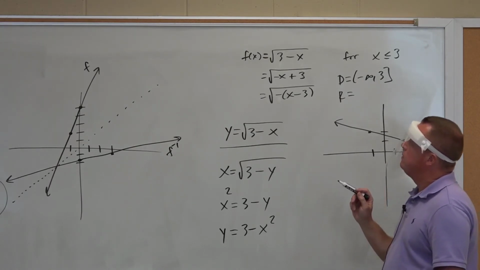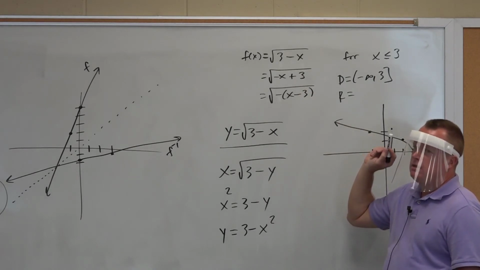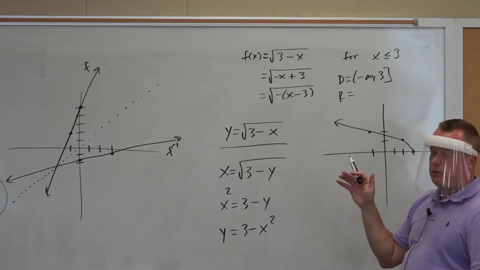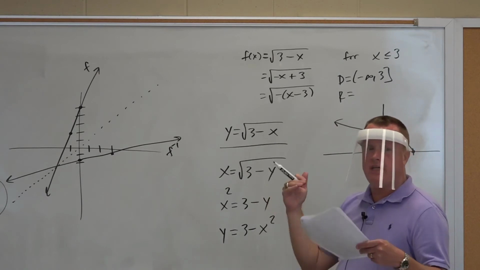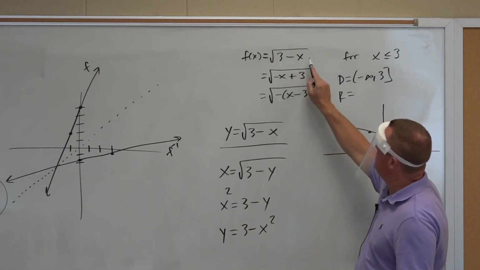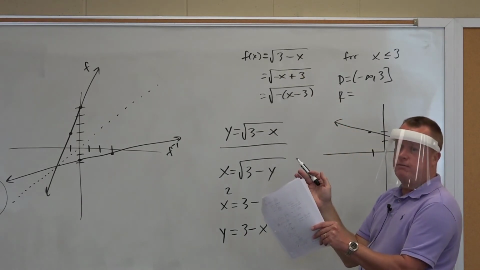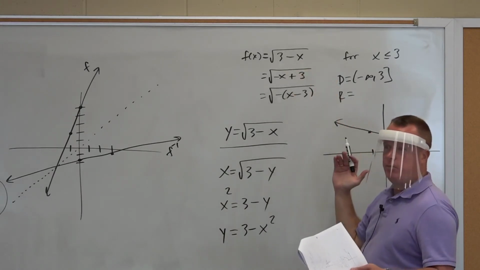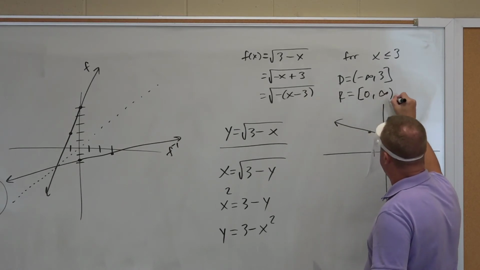Okay. Can a square root equal a negative? What does a square root normally equal? It actually can be either one, but we think of the square root function as always being positive, right? So really the smallest that this can be would actually be 0, right? If x was 3. If this is a negative, you have a complex number. So 0 to infinity is what the range would be, okay?